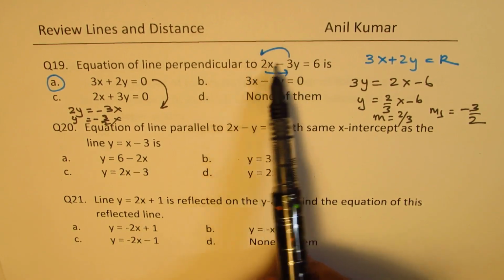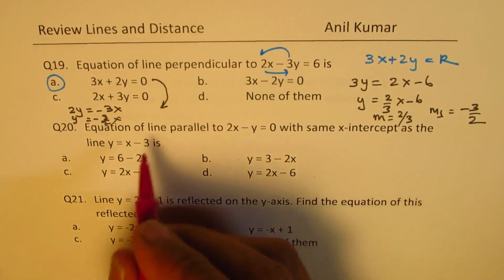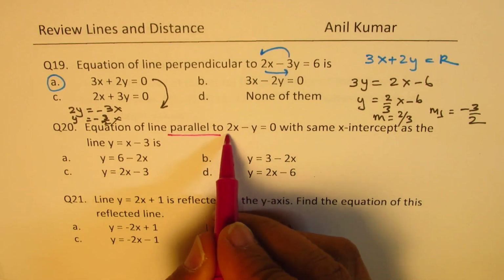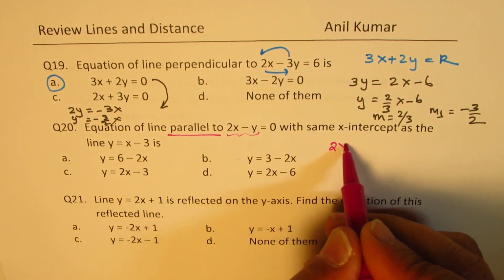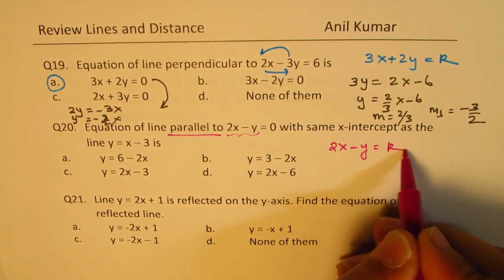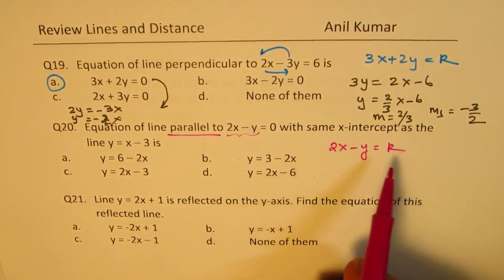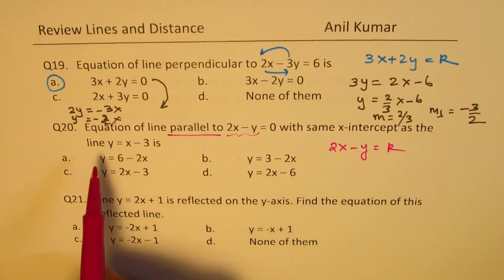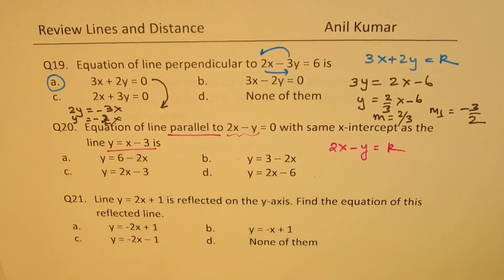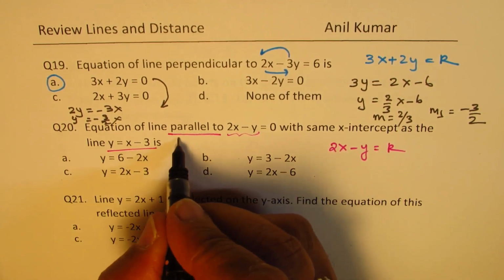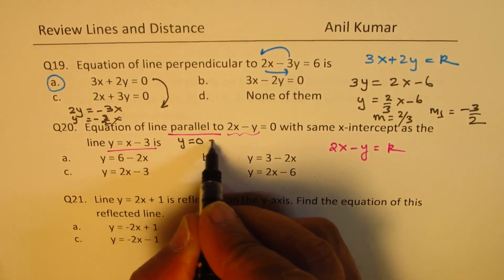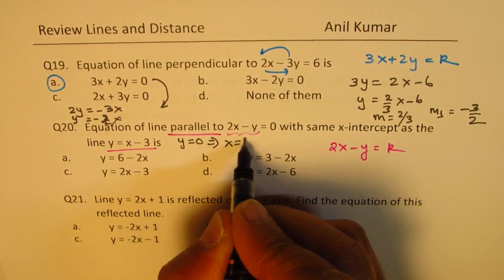Question 20 is, equation of line parallel to this with same x-intercept as y equals to x minus 3. Just as we had this concept here, for parallel lines, we have a similar type of equation, right? It is 2x minus y equals to some constant, k. How do we find k? Using the same x-intercept, right? So let's find the x-intercept here. If I write y equals to 0, we get x equals to 3.